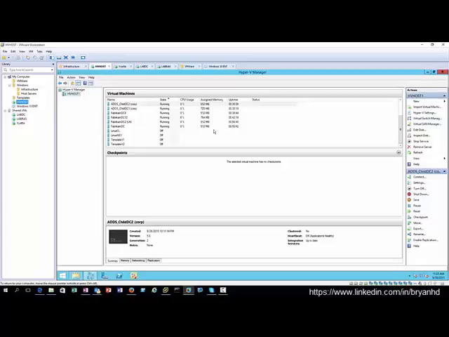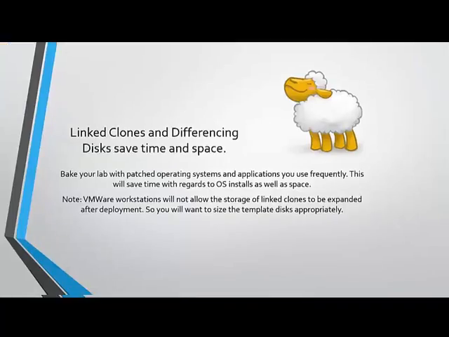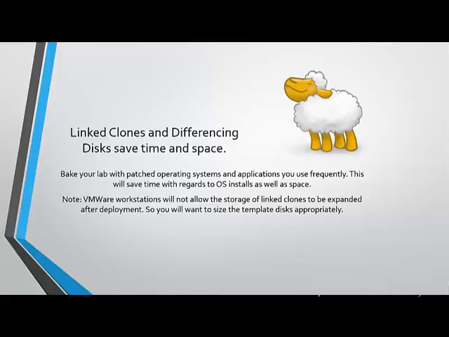One way to do that is through differencing disks and linked clones. Essentially, this allows you to create a machine, load an operating system, prime it with all the applications and the Windows updates that you so desire, and then sysprep that machine.